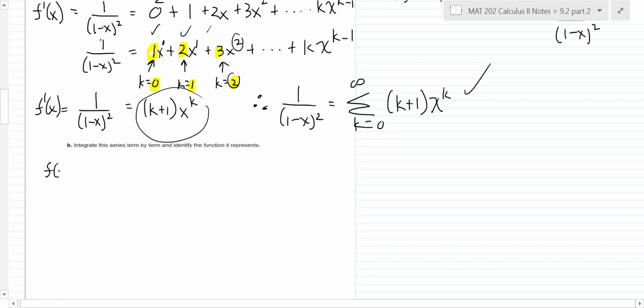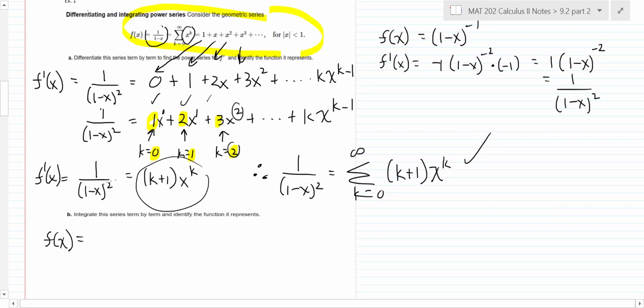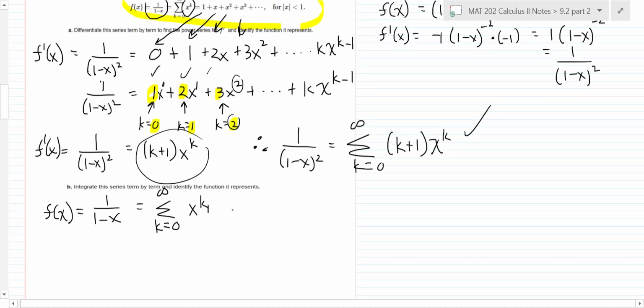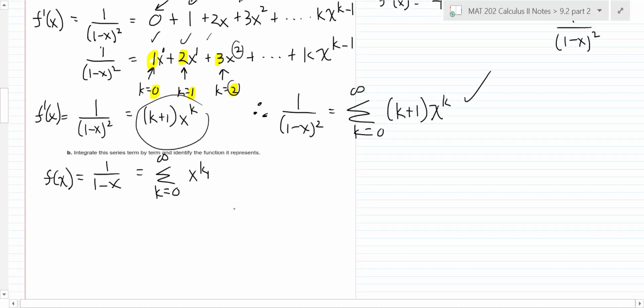We have f of x, and we were given that that's 1 over 1 minus x, and that that is the series k equals 0 to infinity of x to the k. That's what we have so far, and then we can write out those terms in the series. In this problem, the directions say integrate the series term by term, and then you're going to get a new function. That's what I started doing on the last one.